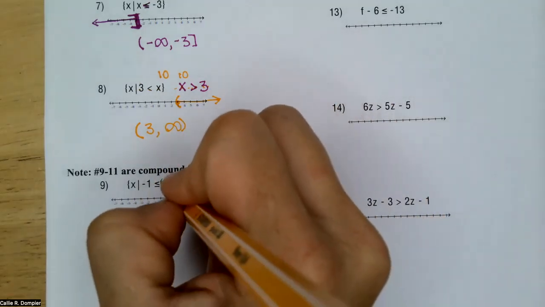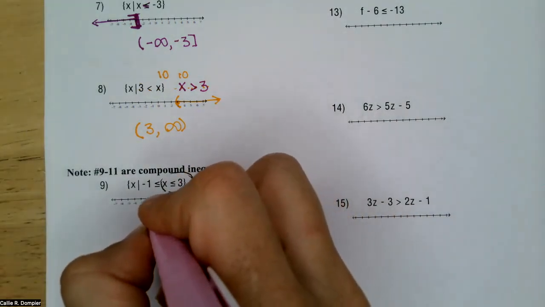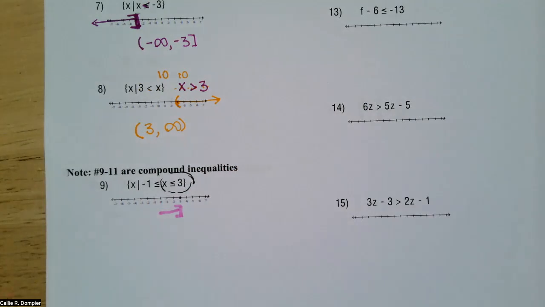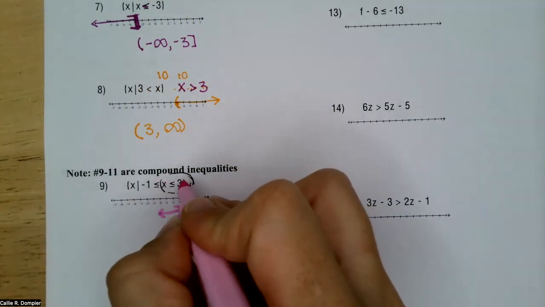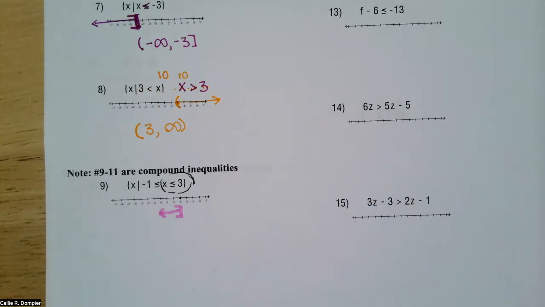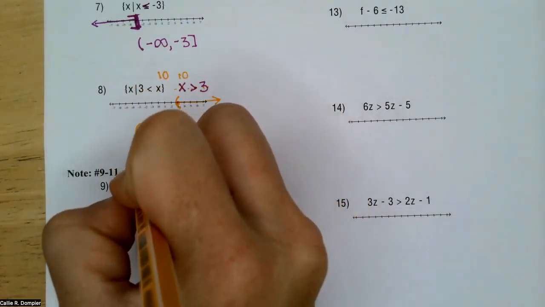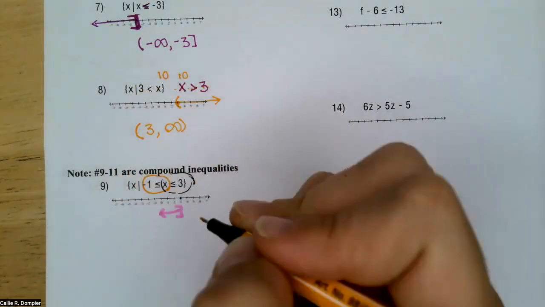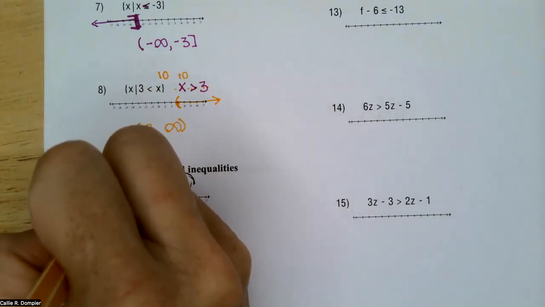Here's 3. It's less than or equal to 3. Okay? You can even draw the arrow if you want. That's the first half of the inequality. Take that second half. That second half is -1 is less than or equal to x. Another way to say this is x is greater than or equal to -1.